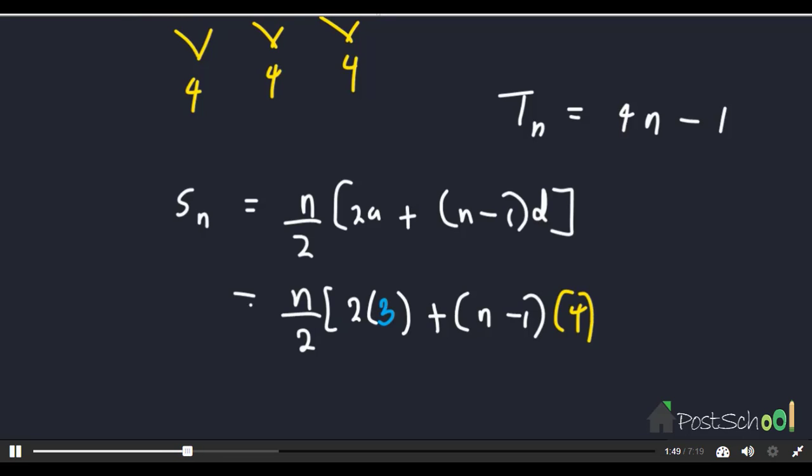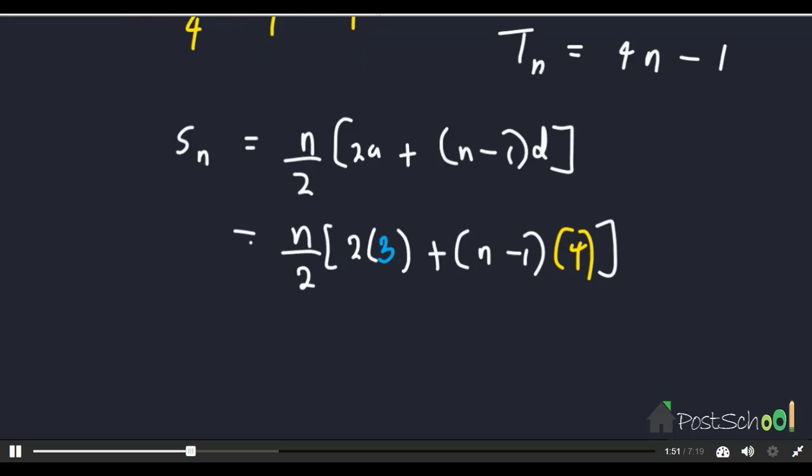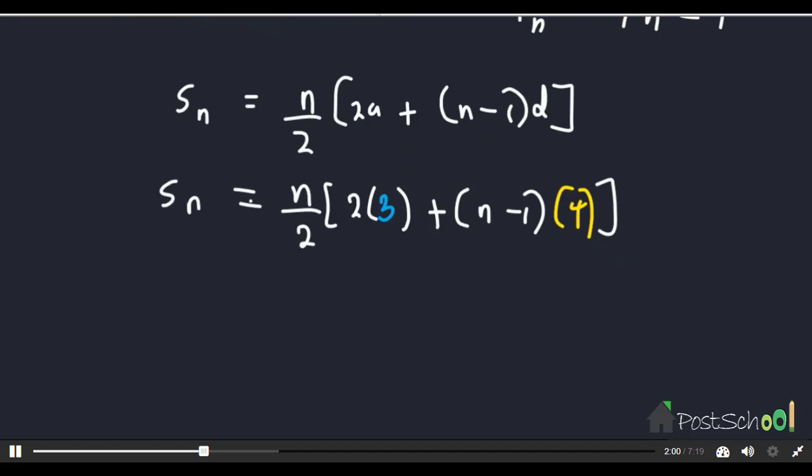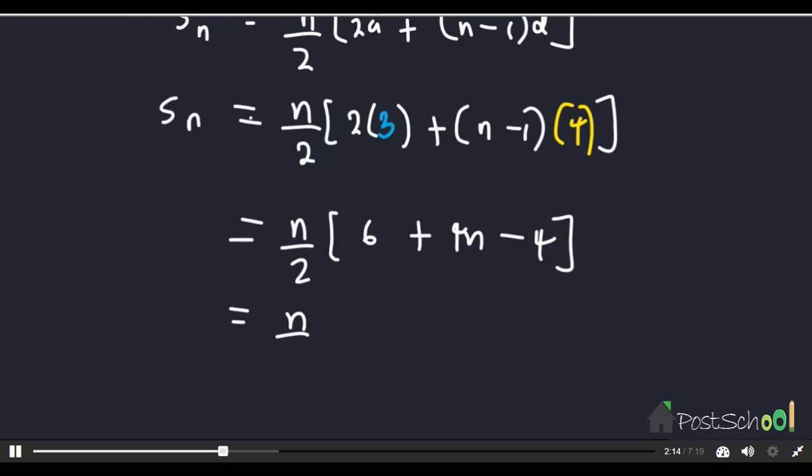As you can see, we leave n as it is. We are not substituting anything because we want the general sum. Just as the general term has n in it, the general sum will have n. So that's n over 2 times 2 times 3, which is 6, plus 4 times n, which is 4n, and 4 times negative 1, which is negative 4. Then 6 minus 4 is 2, so this is n over 2 times 4n plus 2.